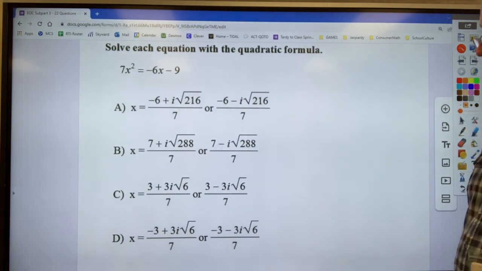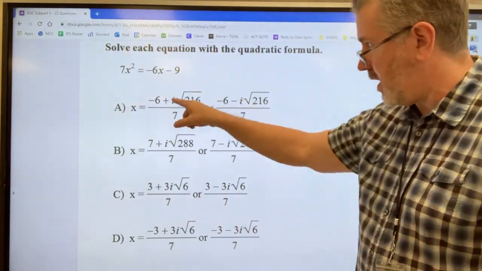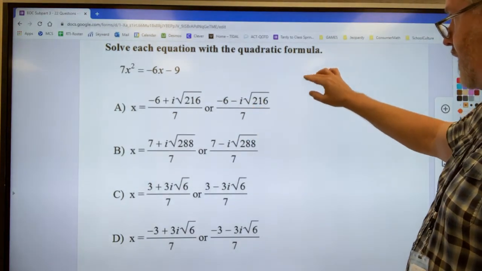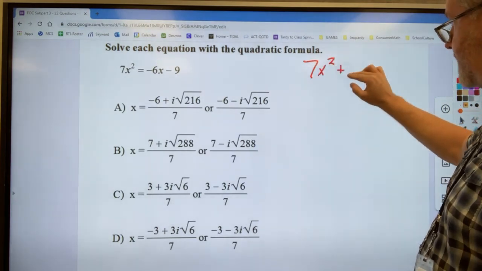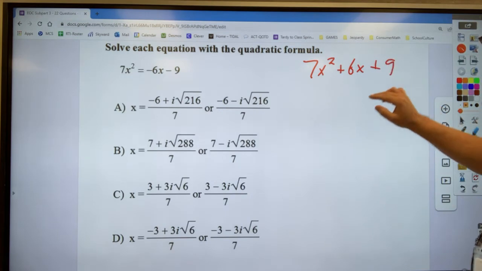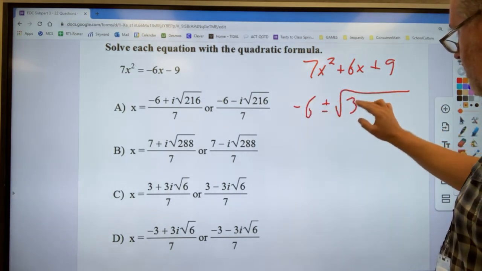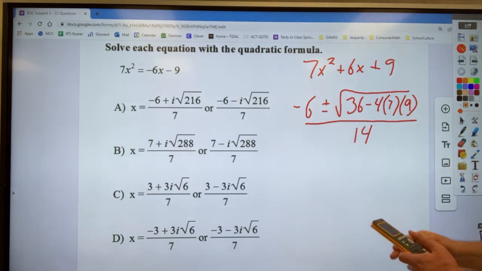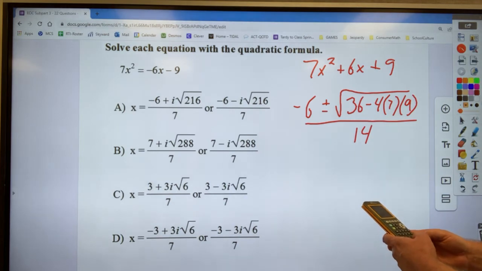Quadratic formula. We got 2 different answers for each one. It's just the plus and the minus, okay? Because you always get a plus or minus the square root and blah, blah, blah. So let's put it in standard form first. 7x squared plus 6x plus 9. Negative b plus or minus the square root of b squared minus 4 times a times c, over 2a. So let me do the 6 squared minus 4 times 7 times 9.